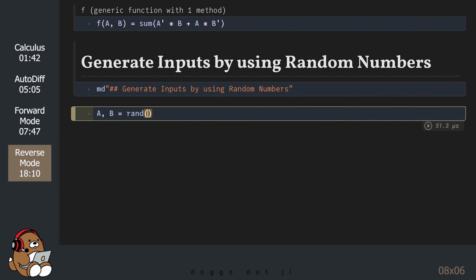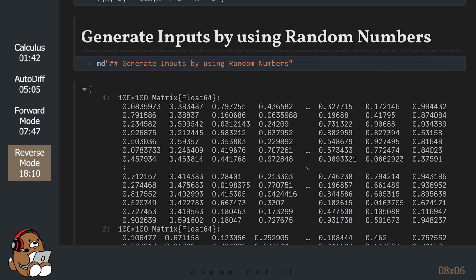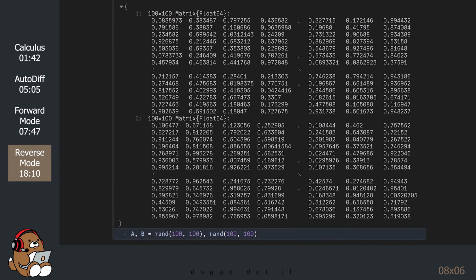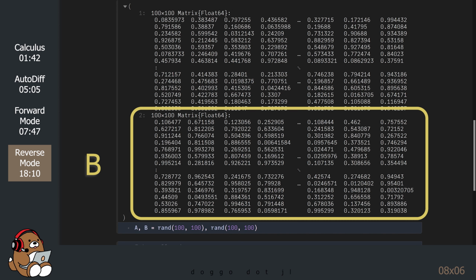In this example, the variables a and b are matrices filled with random numbers. The first 100 by 100 matrix is matrix A, and the second 100 by 100 matrix is matrix B.